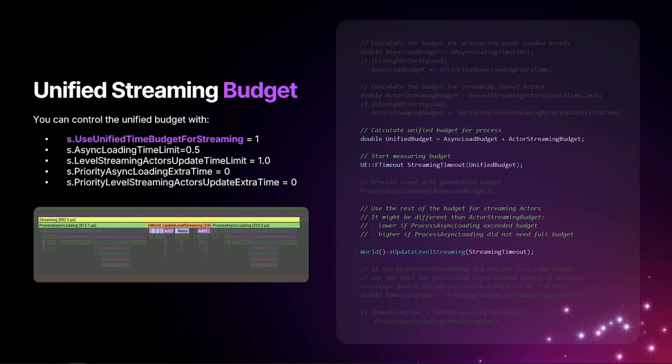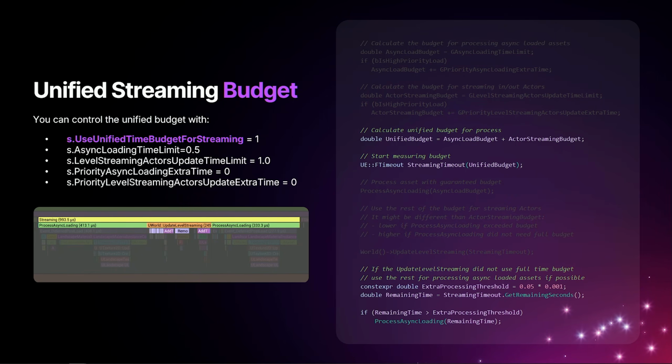The update level streaming will run longer if we had less process async loading than the time allowed, or it will be shorter if async loading went over the budget. And at the end, we check again if the update used all the budget that we assigned to it. And if not, we will try to run process async loading again to prepare the next batch of assets to be ready for the next frame.